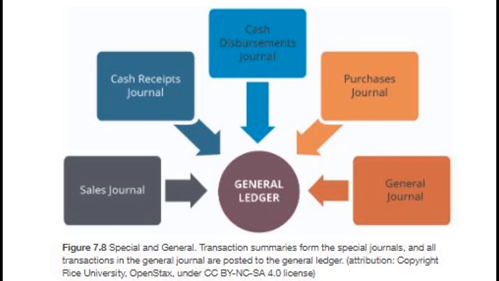And if all 5 give you $20 each, then the sales journal would look a lot like the cash receipts journal.